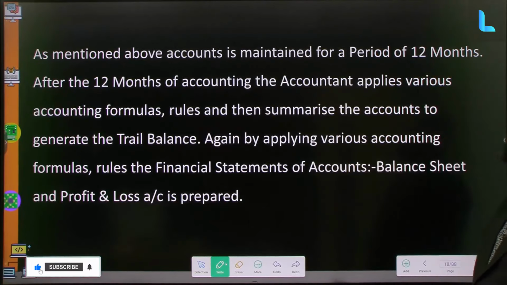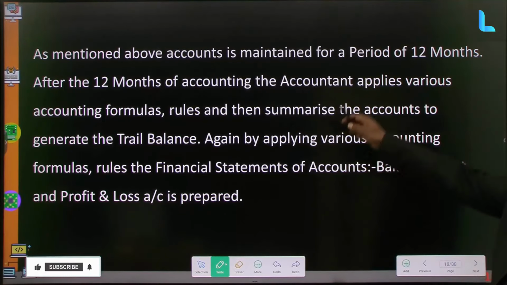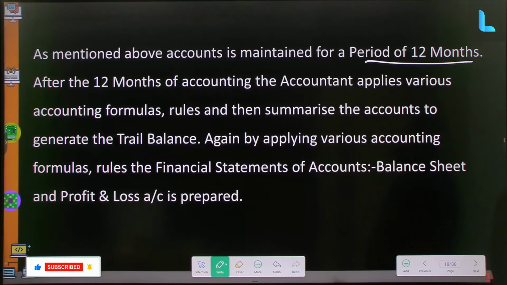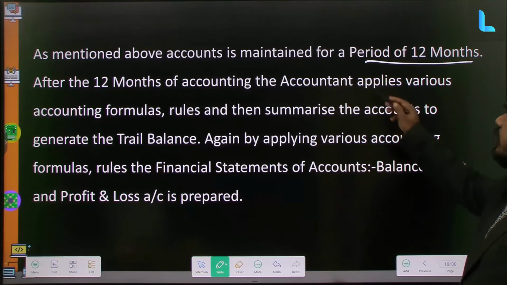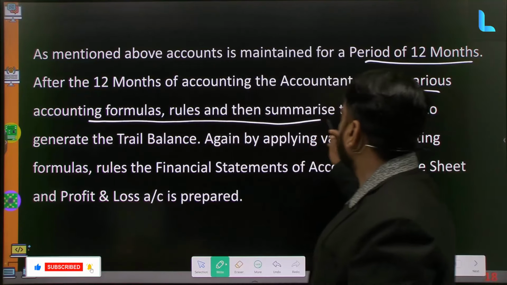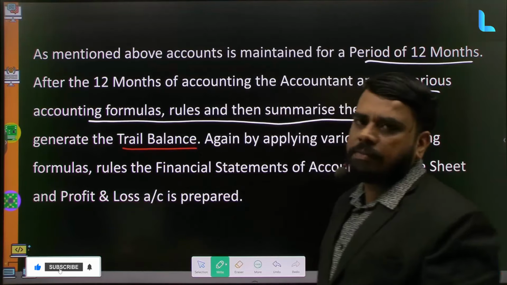Let us continue. As I explained earlier, these accounts will be maintained for a period of 12 months. That is, it starts from 1st April of a year and ends by 31st March of the next year. After this is maintained, using the various accounting formulas, rules and regulations, it is summarized, and the first thing we generate is the trial balance.